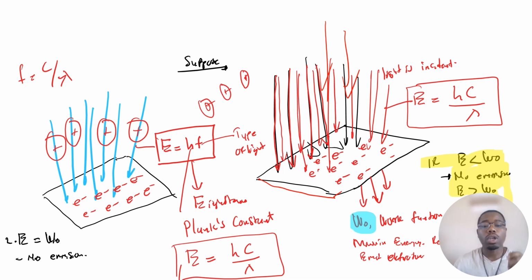When you shine light on the metal, the electrons reach a state of excitement and start jumping around.